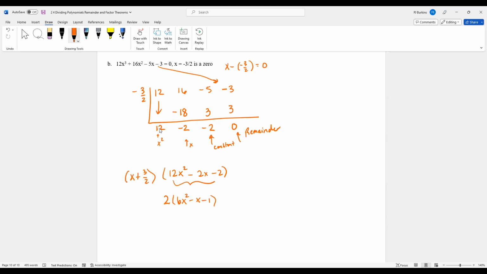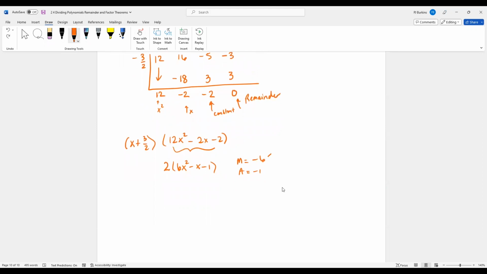I'm going to do factor by grouping again. Need to find a set of values that multiply to equal -6 and add to -1. Those two numbers are -3 and +2. So I'm going to replace the middle term here by -3x and a +2x.